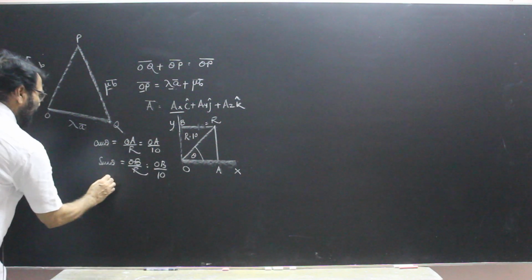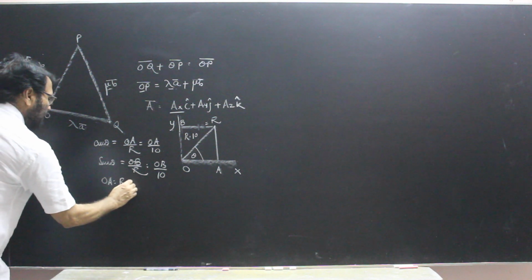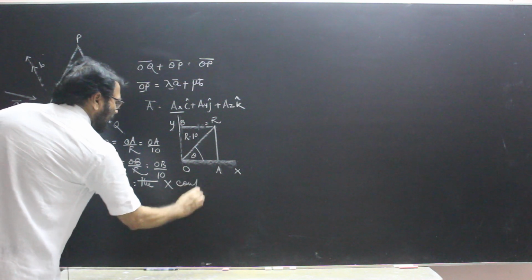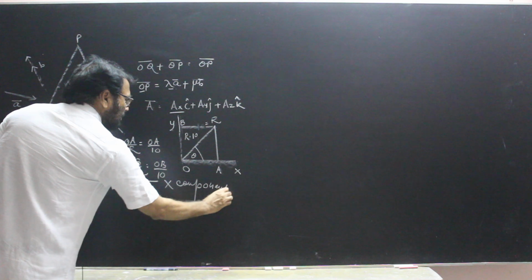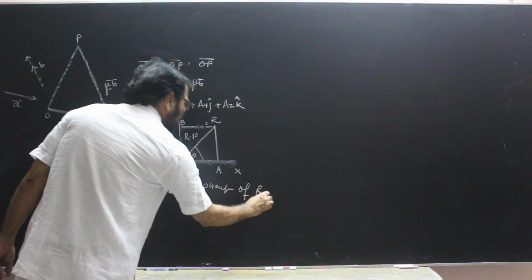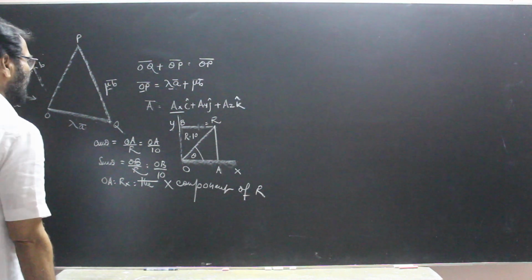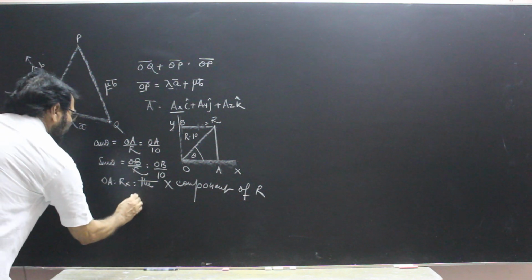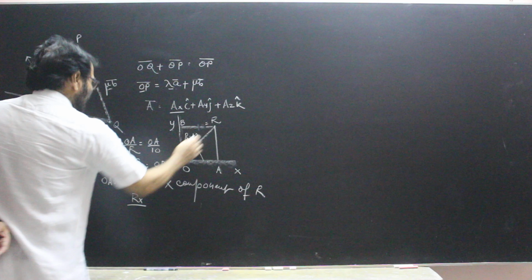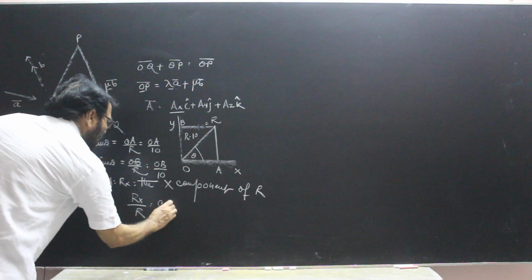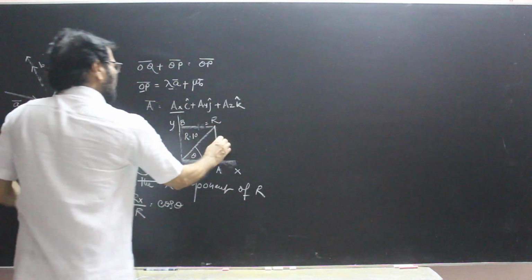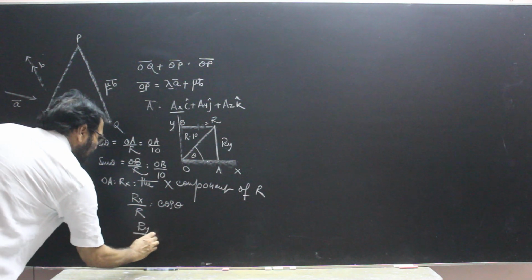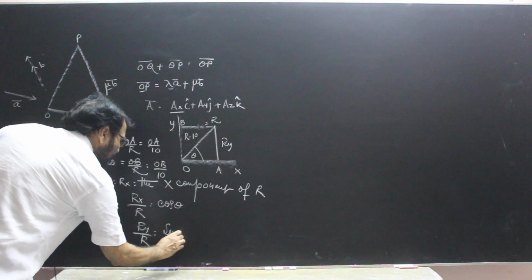So now OA, which is Rx, the x component of R, Rx divided by R is cos theta, and this is your Ry. So Ry divided by R is sin theta.